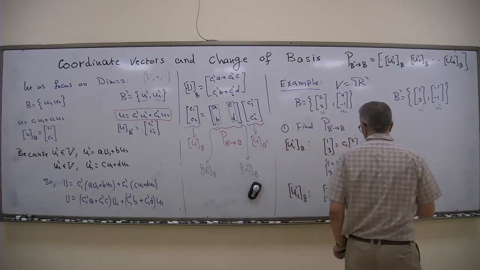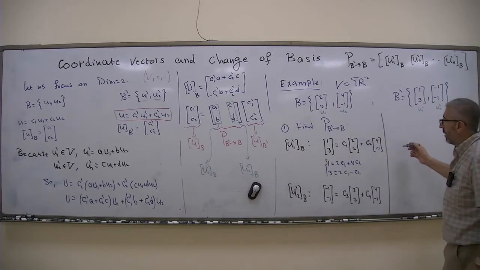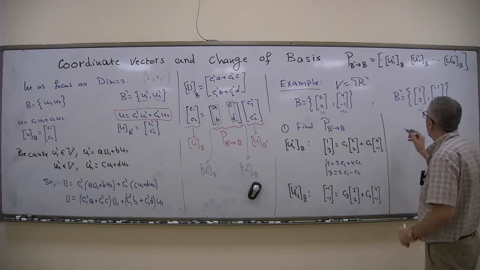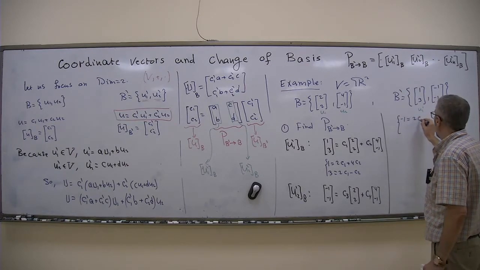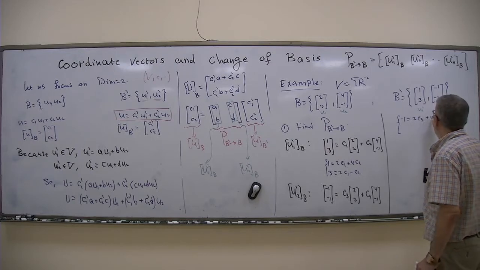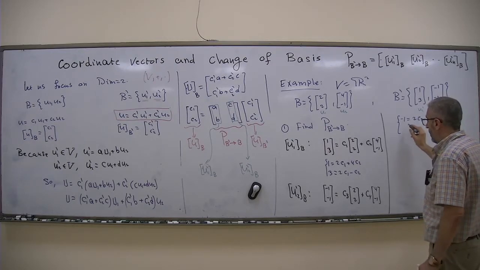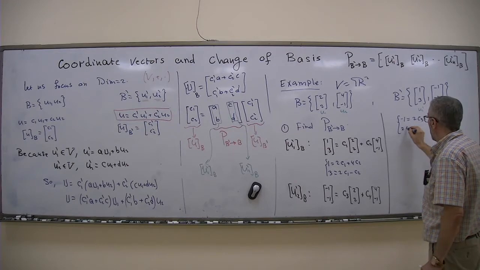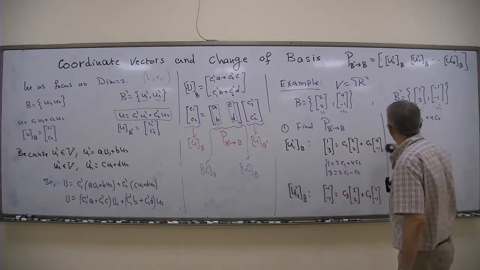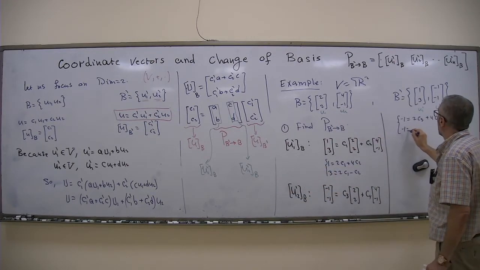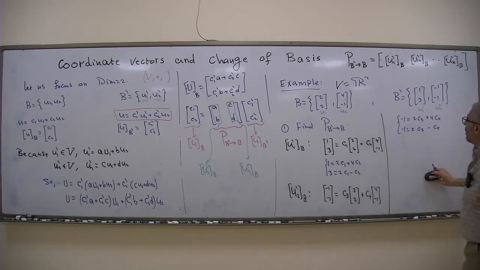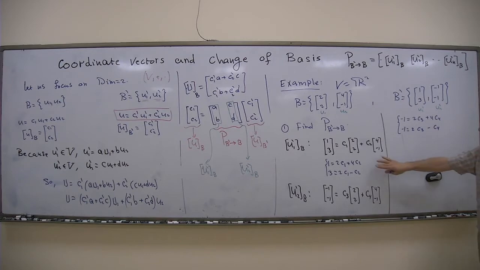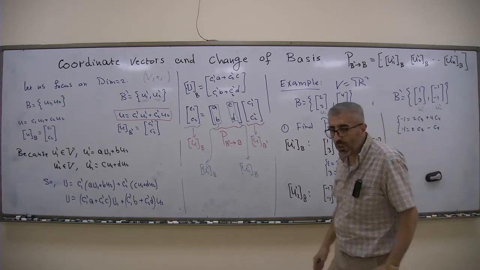So here, you are going to get negative 1 equals 2C3 plus 4C4. And here, negative 1 equals 2C3 minus C4.